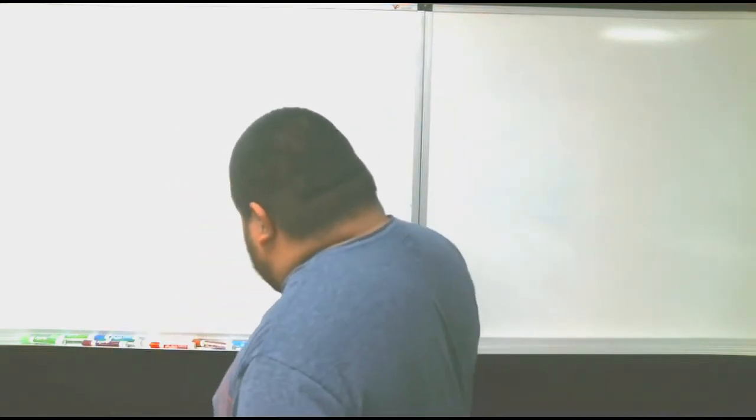In order to solve using cosine, you should have at least two sides and an angle. Meaning that the equations we are using today are, let me write them on the board for you guys.